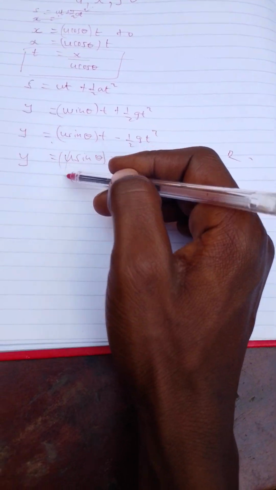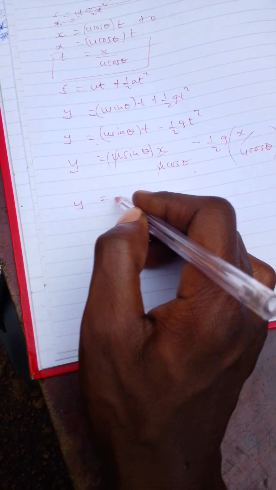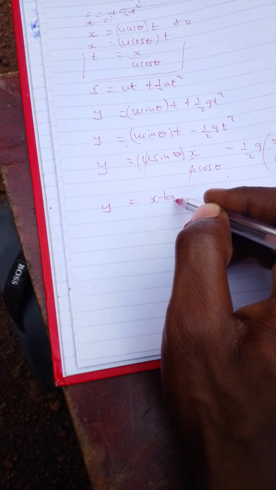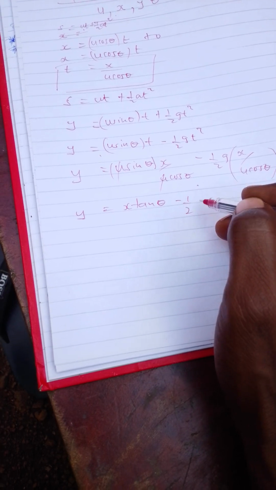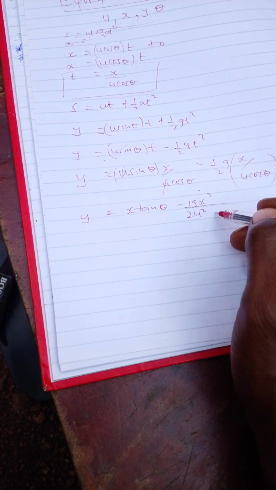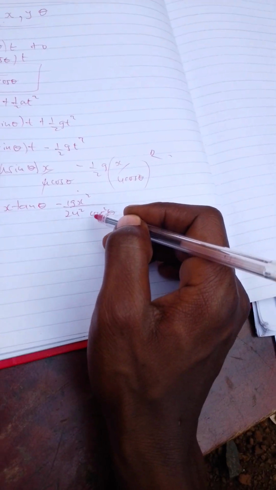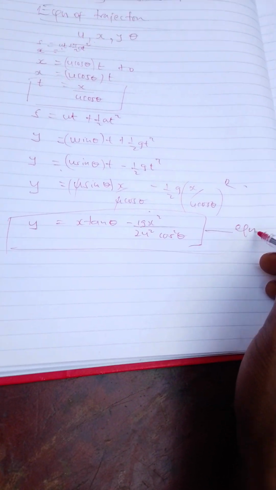This u will cancel with this u, then I remain with sine theta over cos theta, which gives me tan theta. So my y is equal to x tan theta minus a half, this is gx squared over u squared cos squared theta, and this is the first equation of trajectory.